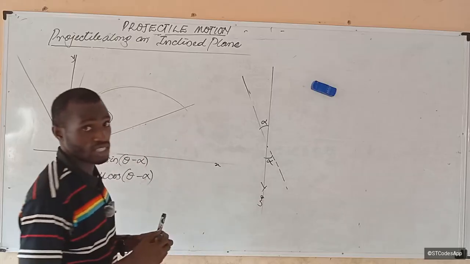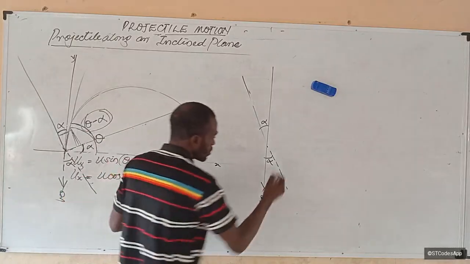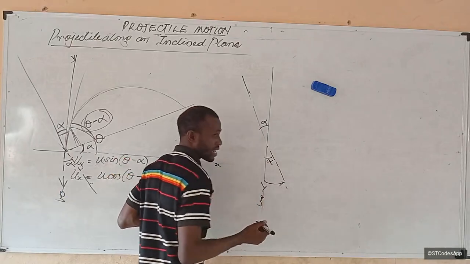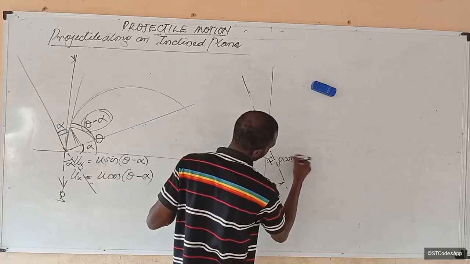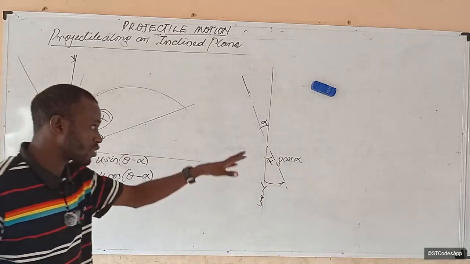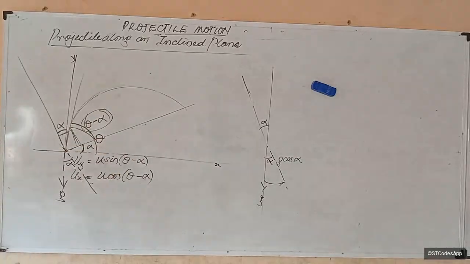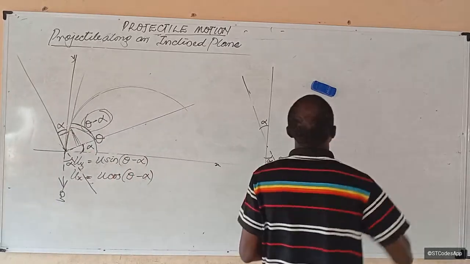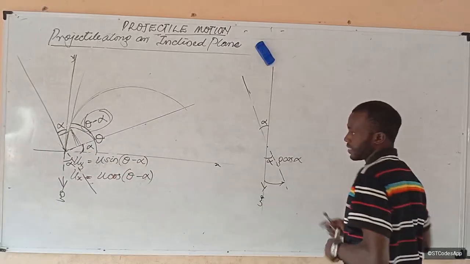Vertically opposite angles are equal. So this component of G, just take it as we are closing alpha, so that will be G cos phi. Is it clear? That component of G will be G cos phi. Alright, since you already understand that, then we can start doing our thing.